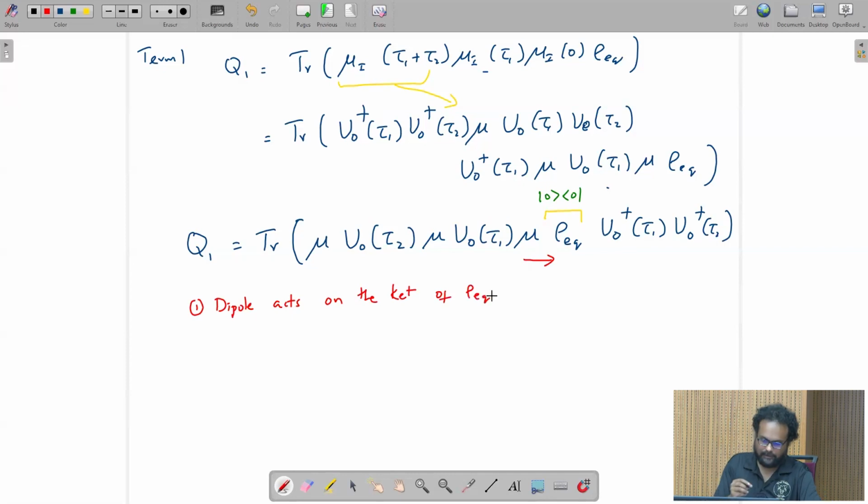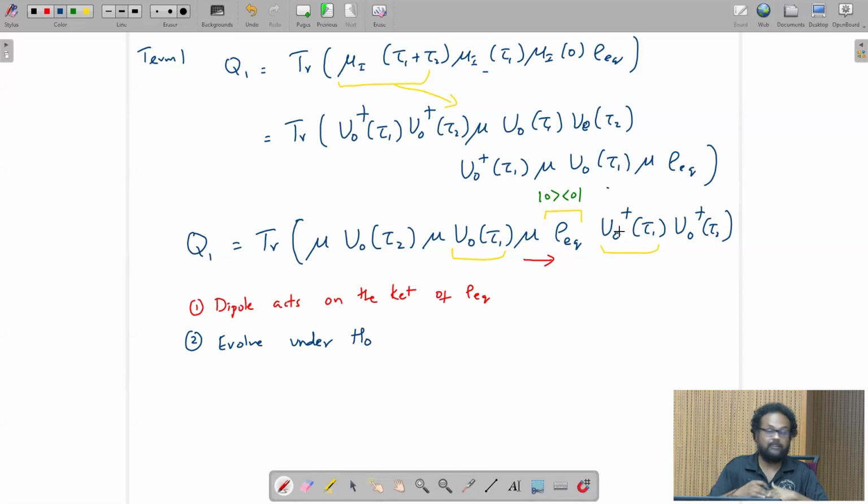Once you have that done, you are evolving the system during tau 1. So that's the second part: you evolve under H naught, because that's the time evolution operator of the system.